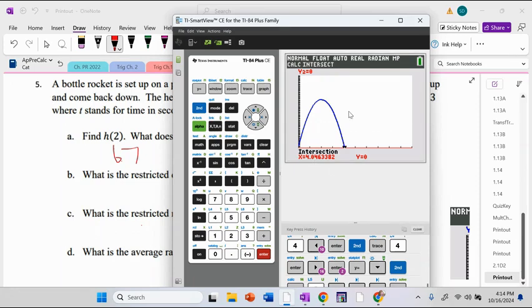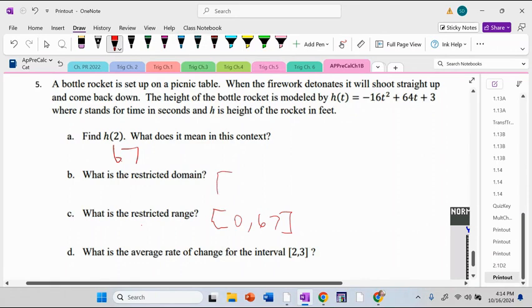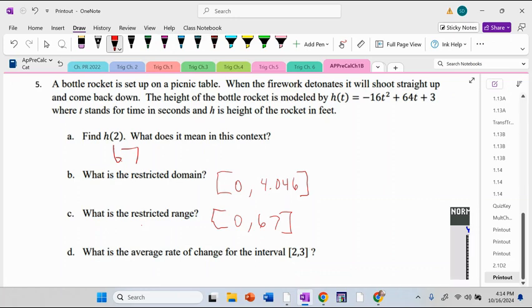So 4.046. So from 0 to 4.046 seconds, that's the restricted domain. After this, it's over. The rocket hits the ground, the show's over. Everybody goes home unless you have more rockets.